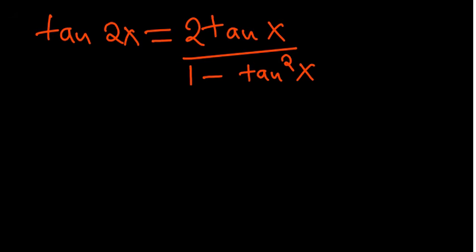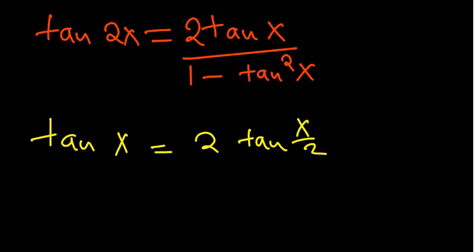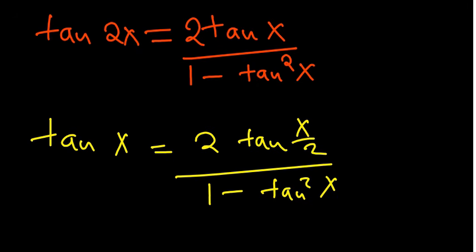If you plug in the same x over 2, you're going to have tan x is equal to 2 tan x over 2 over 1 minus tan squared x over 2. This is just a trend we are seeing: the x on the left hand side is halved on the other side, divided by 2. We've come up with these three identities already, and I'm sure you've understood how they came about.